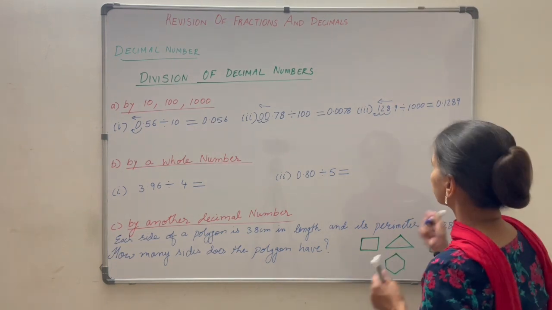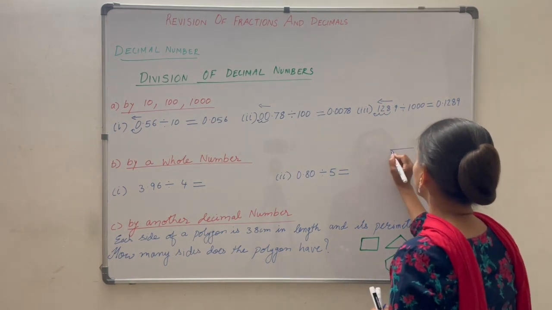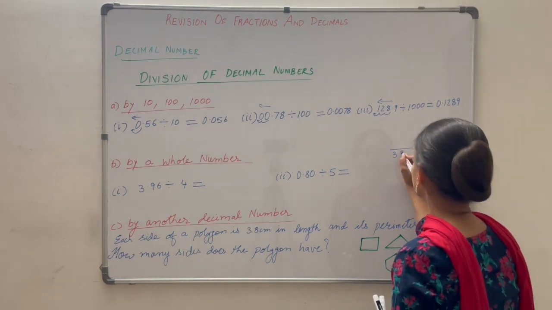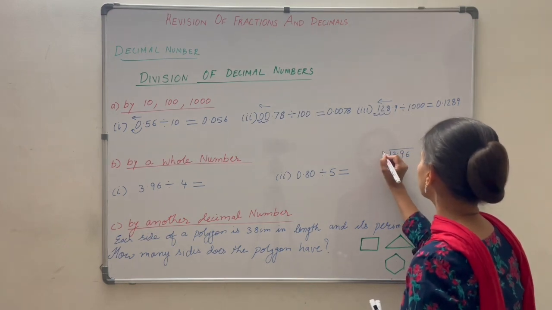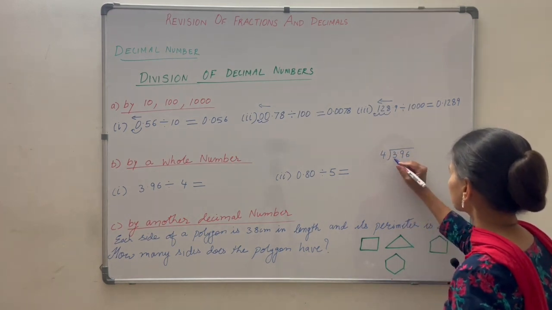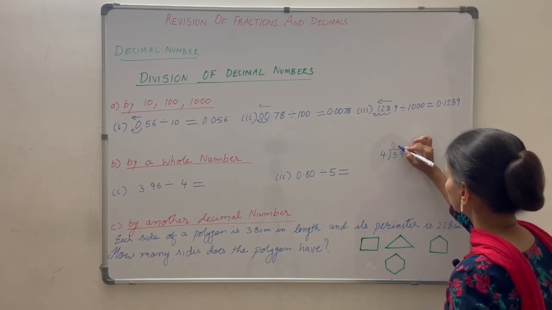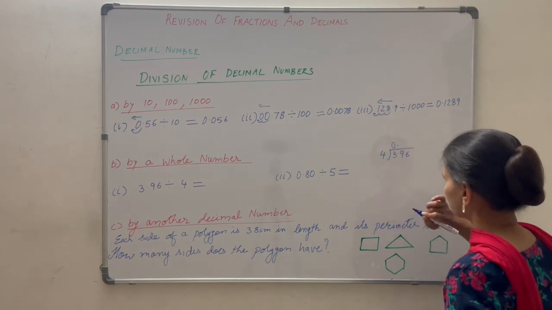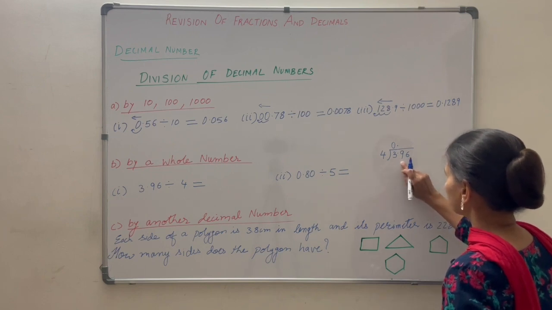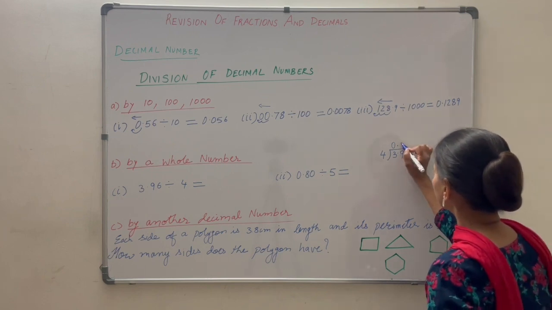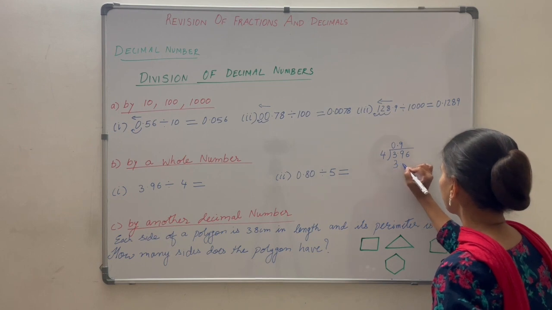Okay. Now let us see how to divide a decimal number by a whole number. Okay. So here the number given to you is 3.96. You have to divide this by 4. So 3 will not go by 4, so you put 0. Decimal point you put above the decimal point. Now the number is 39. Okay. So 4 nines are 36.